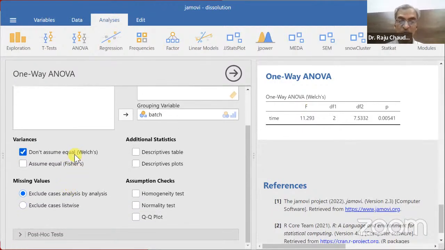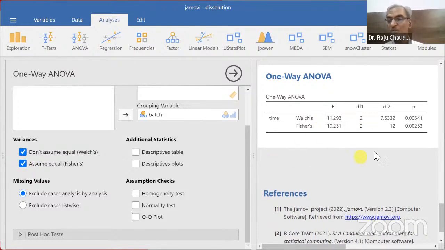But here, if you look below this, just to the extreme left, variances, right? So here we have another option. Just tick mark that. So both the ANOVAs are there, Welch as well as Fisher's. And here it is mentioned, if the variances are not equal, go for Welch ANOVA.